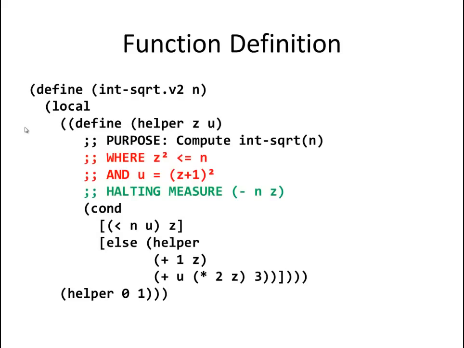Same story, but now I've got a slightly more elaborate invariant. This is where my helper takes two arguments, z and u. My invariant says, take z and u where z squared is less than or equal to n and u is equal to z plus 1 squared. So now, instead of saying z plus 1 squared less than n, I can just say less than n u.